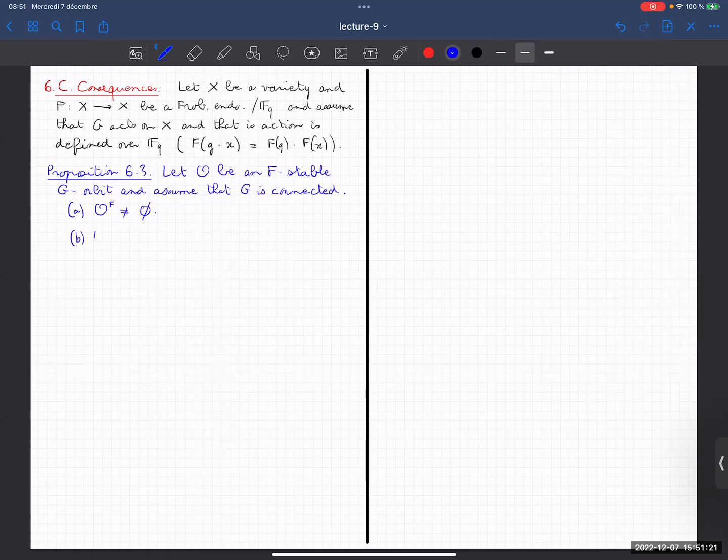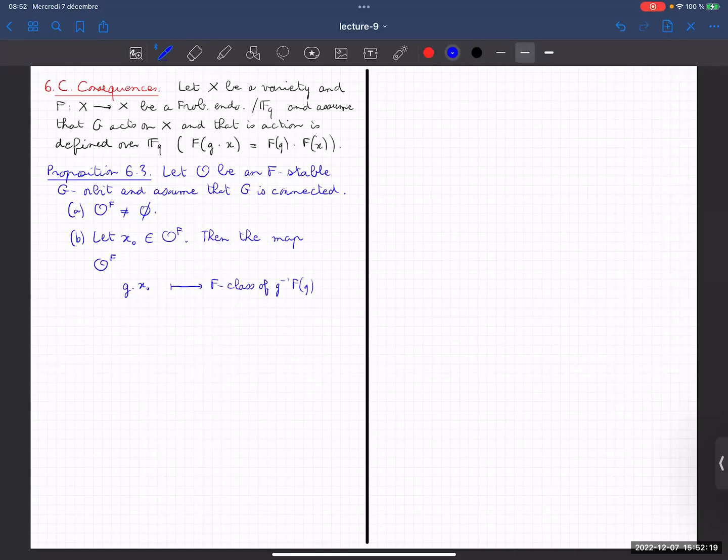And the second result is that if I fix such an element, an F-stable element x_0 in my orbit, then the map that goes from O^F, okay? An element in O^F, since O is an orbit, is obtained as the action of an element g of G on x_0. But for the moment, I don't know if g is F-stable, and I want to associate to this the F-class of g^{-1}F(g).